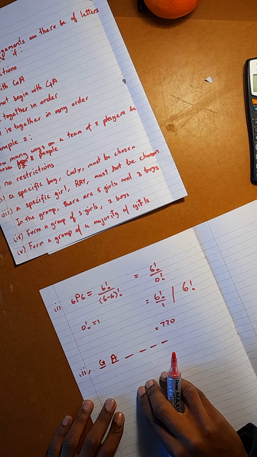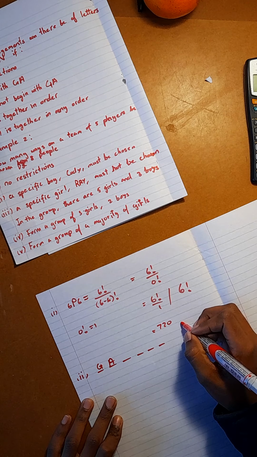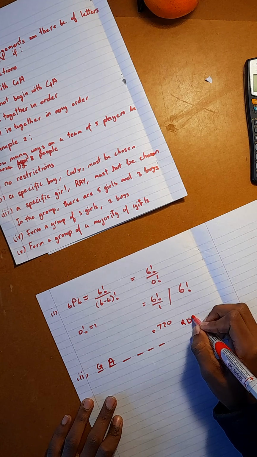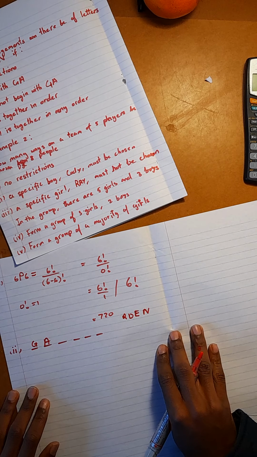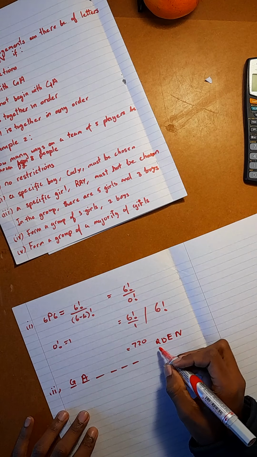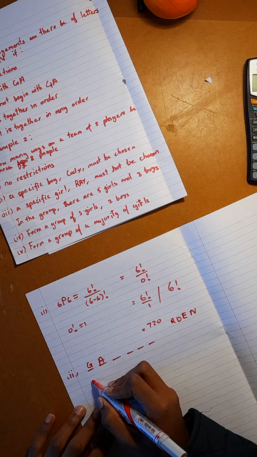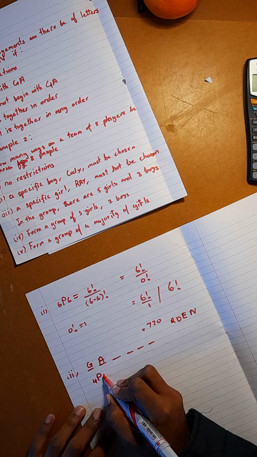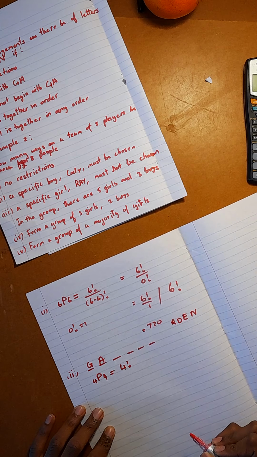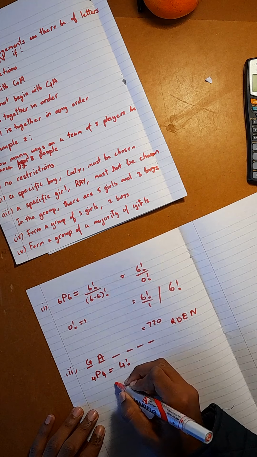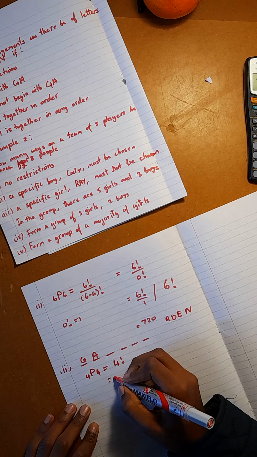So all we have to look at is the remaining 4 letters, R, D, E, and N. Since these are 4 letters, we can write this as 4 permute 4, or just 4 factorial. And this will give us 24.